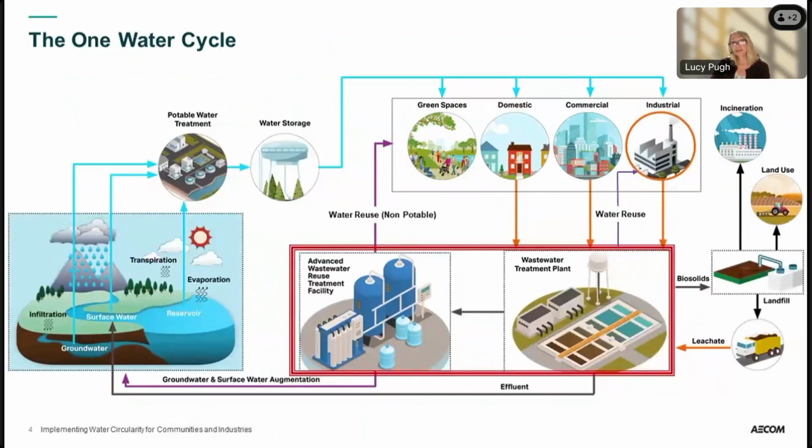This graphic depicts the OneWater cycle and just illustrates that surface water and groundwater is extracted and treated for potable use. It's stored and distributed to communities, to industries, and for other uses. And then the wastewater that's produced by those industries and communities is discharged to water reclamation facilities where it is treated, again, to very high quality and discharged back to the environment.